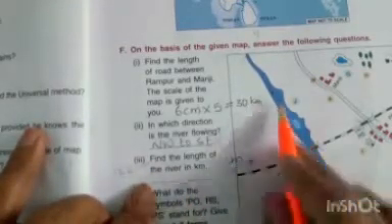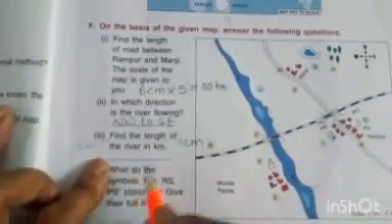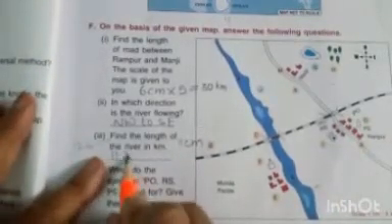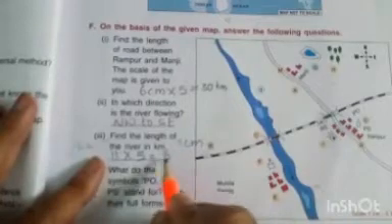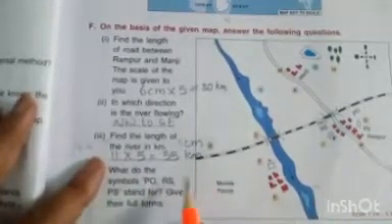Then from here we have to mark exactly 11 centimeter. Find the length of the river in kilometer. 11 centimeter on map, we have to convert it on ground. 1 centimeter is equal to 5 kilometer. 11 multiply by 5, it means 55 kilometer on ground.